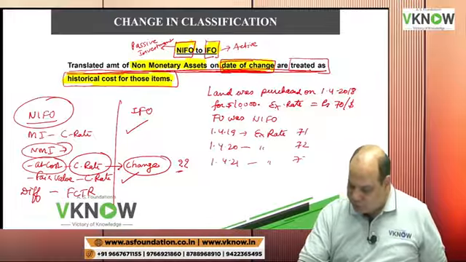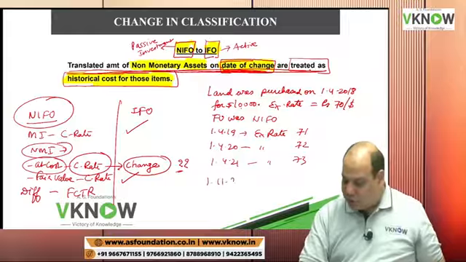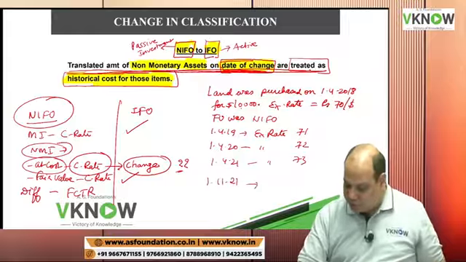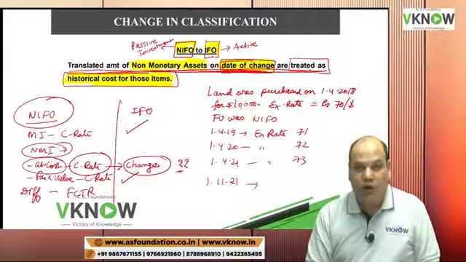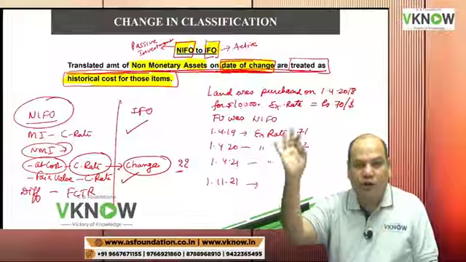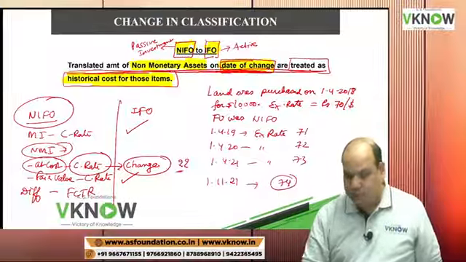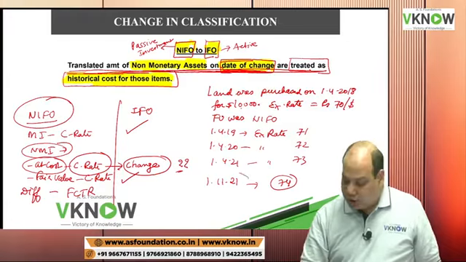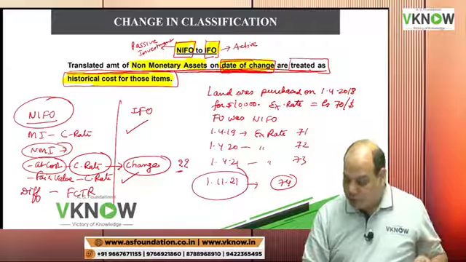1/4/21 exchange rate is 73. Then on 1st November 2021, we decided to convert NIFO into integral foreign operation, and now the rate is 74. Today the rate is 74. So what will happen now?